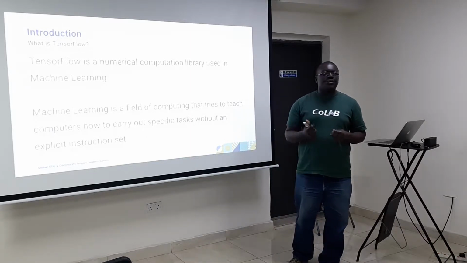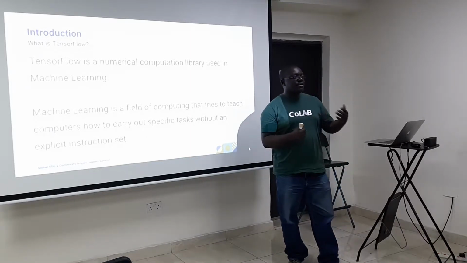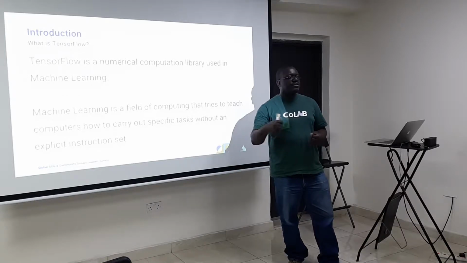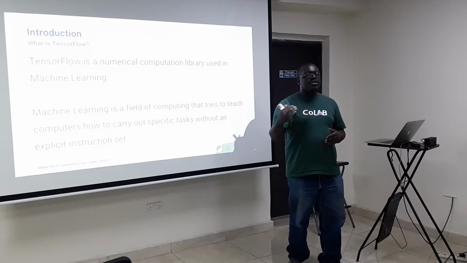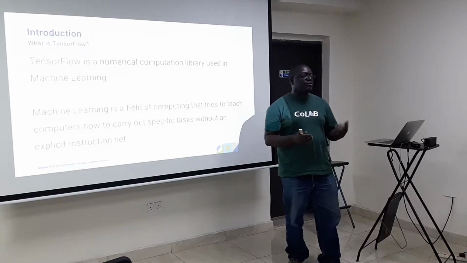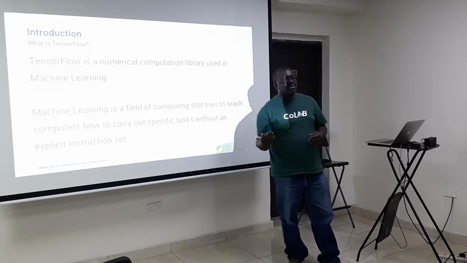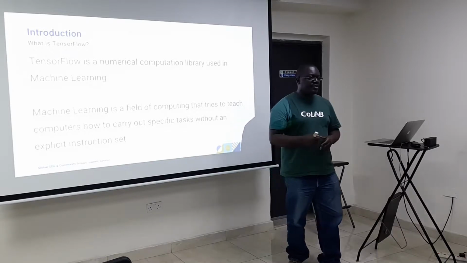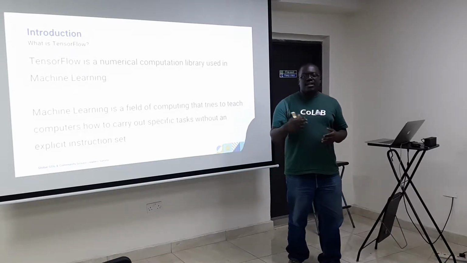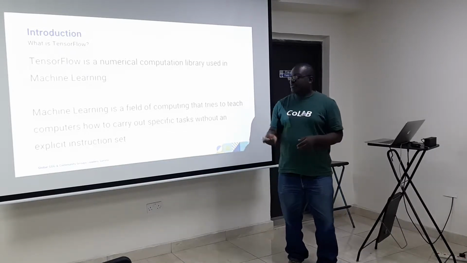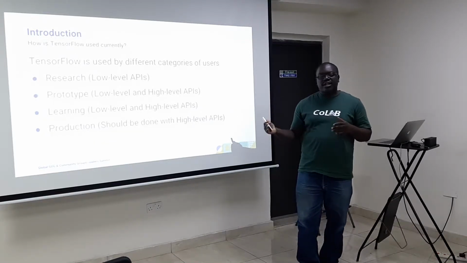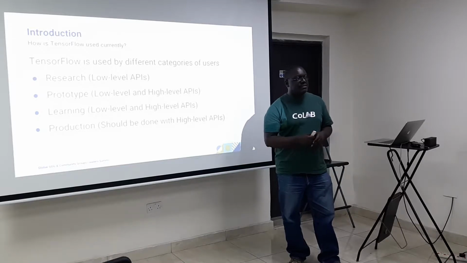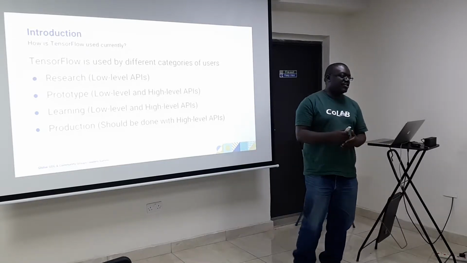Now, in TensorFlow, there are different ways of writing these machine learning models. There are low-level approaches for people who are in research, and there are high-level approaches for people who are in engineering. And in these high-level approaches, we then have two APIs, what we call application programming interfaces.